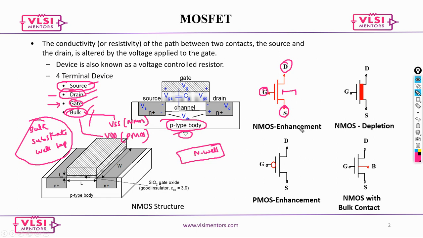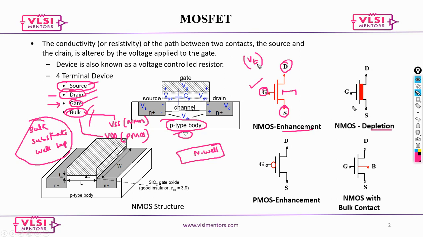Now you also know, we have discussed that there are two types of MOSFETs. One is the enhancement MOSFET, and another one is the depletion. In case of enhancement, we apply a voltage, and if that voltage is greater than your VT, which is nothing but your threshold voltage, when the gate voltage is higher than the threshold voltage, the transistor operates, or say the transistor is on.